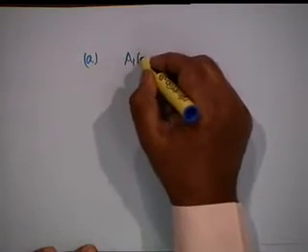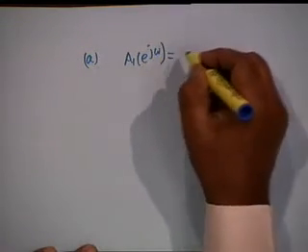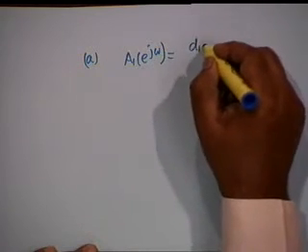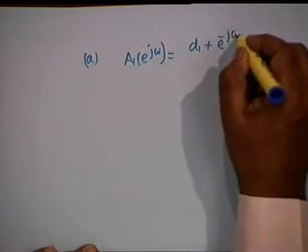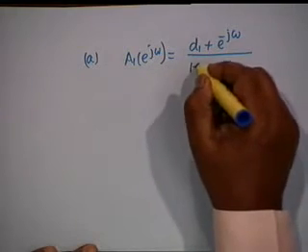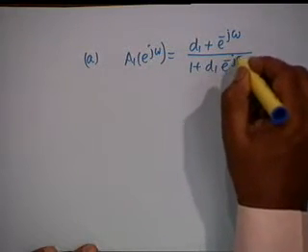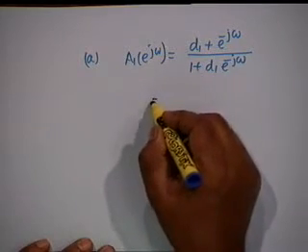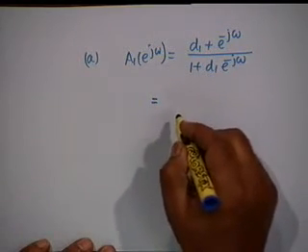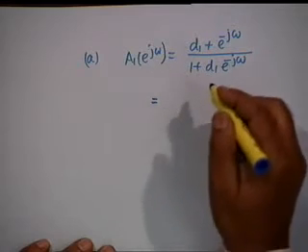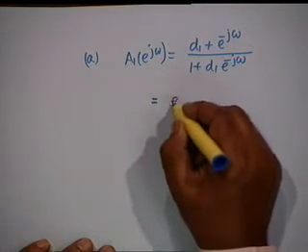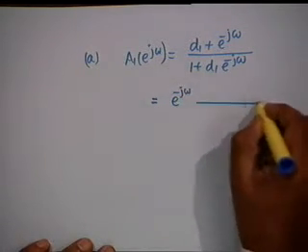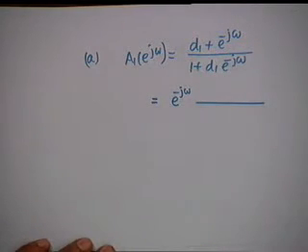You can write A1(e^jω) as equal to (d1 + e^-jω) divided by (1 + d1 e^-jω). In finding the phase, it is convenient. This is a crucial manipulation, simple but very crucial. It is convenient to write this as e^-jω, write the numerator and denominator in the same form except the sign of the exponential.